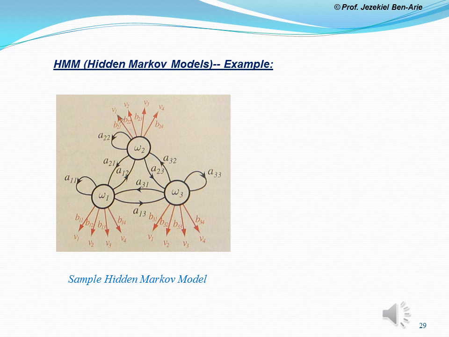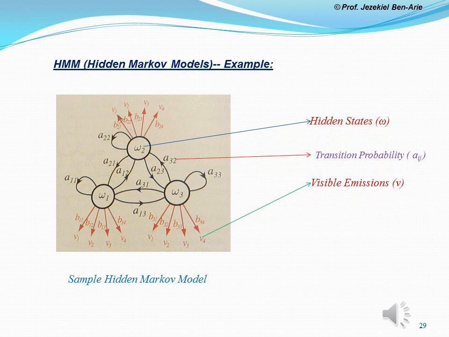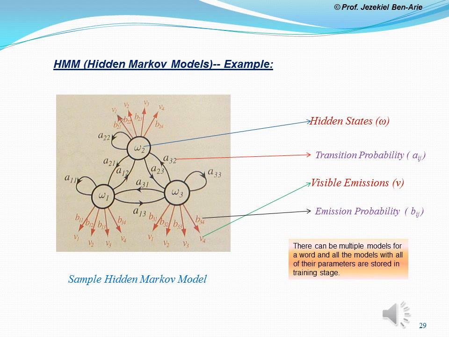Hidden states, transition probabilities from one state to another, visible emission and emission probabilities are shown with arrows in the diagram.